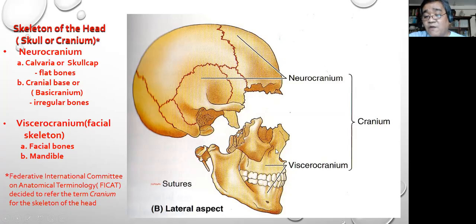The bulk of the facial bone is actually formed by your maxilla, which serves as the bony support for your upper jaw, while the mandible serves as the support for your lower jaw. And by the way, it is only the mandible that is the movable part of all the bones of the head. It is only the mandible that is movable.